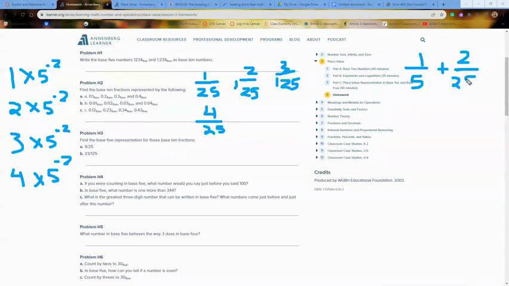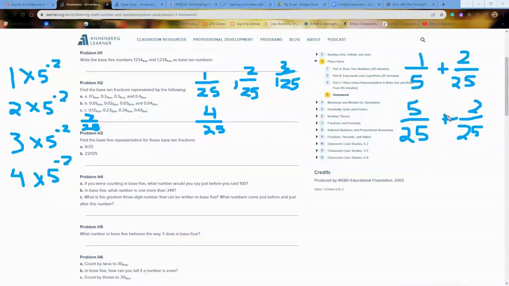Now, for the sake of time, I can quickly turn this into a common denominator. I know that our denominator would be 25 for both. I did that because 5 times 5 is 25, and 5 times 1 is 5, plus 2. And then the answer for this will be 7 over 25. Okay.